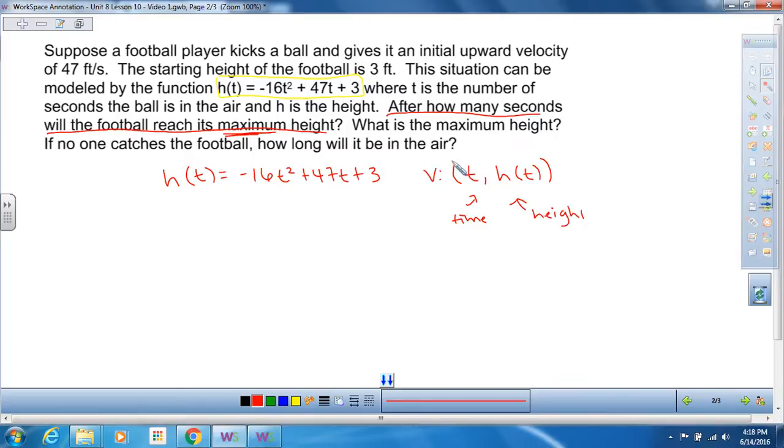So the first question says, after how many seconds? So I am looking for t. So we'll call that part A. I am looking for the x-coordinate, the t-coordinate of my vertex. All right, well, remember to do that: opposite of b over 2a. So negative 47 over 2 times negative 16.